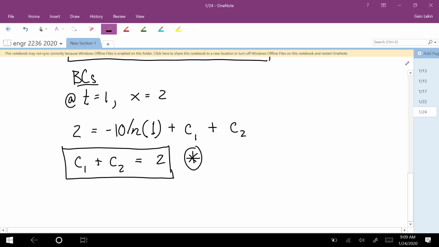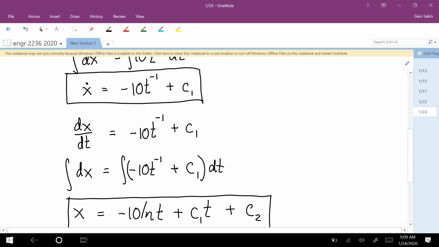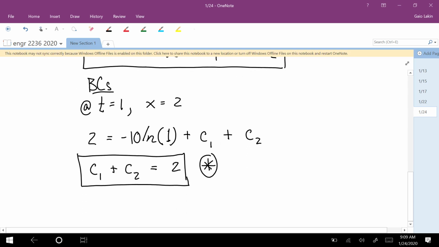So this is the first problem where we see this. We go through a boundary condition and we can't solve for anything. So how are we going to do this? Back into the second. So yeah, exactly.